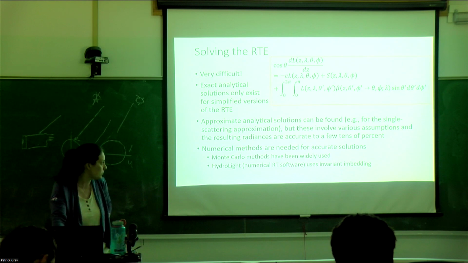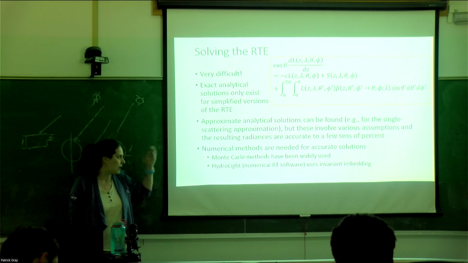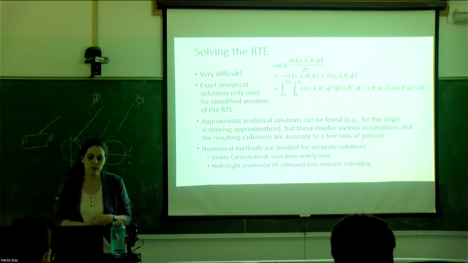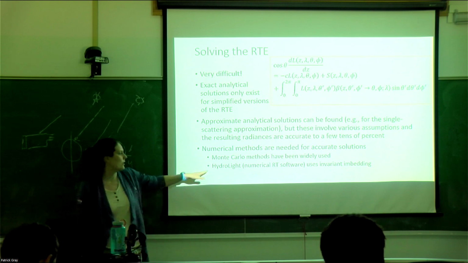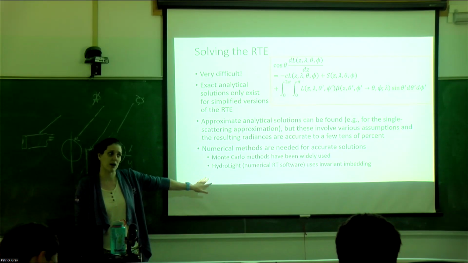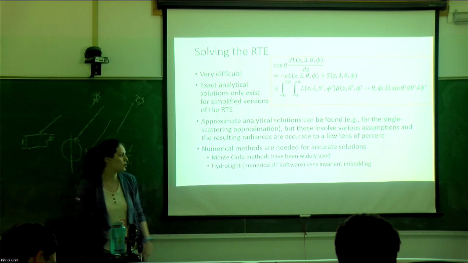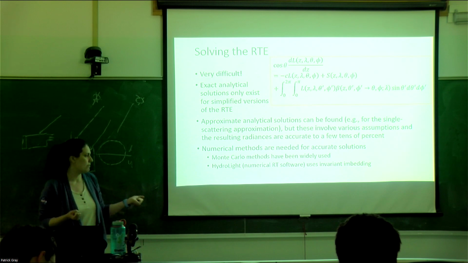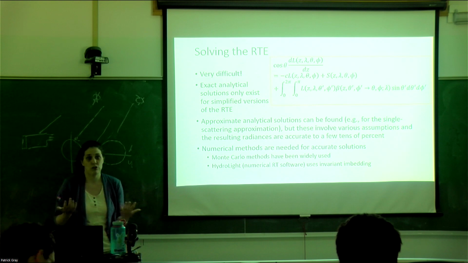And so the most accurate solutions are actually done using numerical methods. And for a long time, Monte Carlo methods were the most widely and commonly used. But there's also something called Hydrolight. Have people heard of Hydrolight? I don't know if you talked about installing it, but we're doing a lab with Hydrolight this afternoon. It's a numerical radiative transfer software written by Curtis Mobley, and it uses this invariant embedding method, which I don't really know anything about.